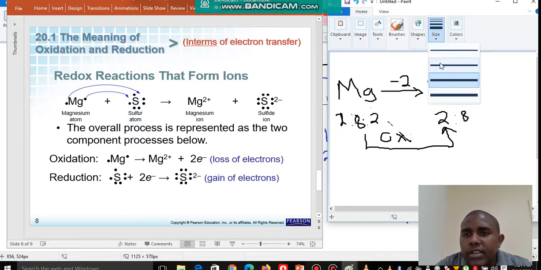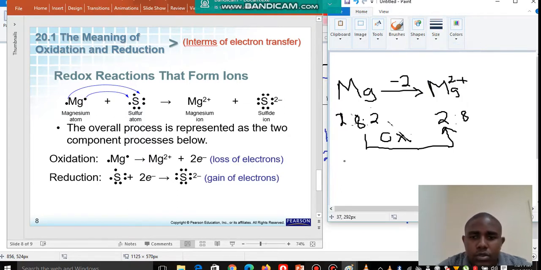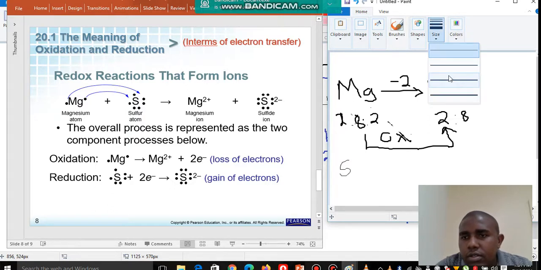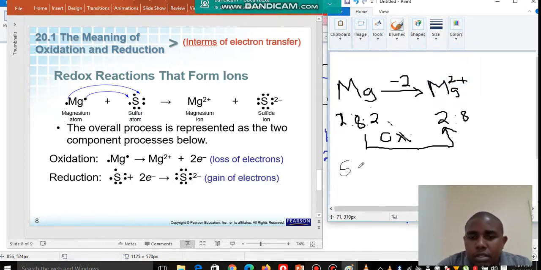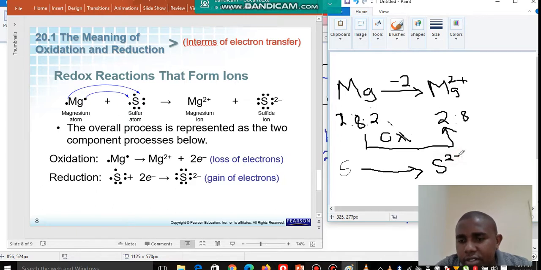Now let's take a look at sulfur. So sulfur is just a nonmetal. Sulfur has been converted into sulfur ion or sulfide ion.